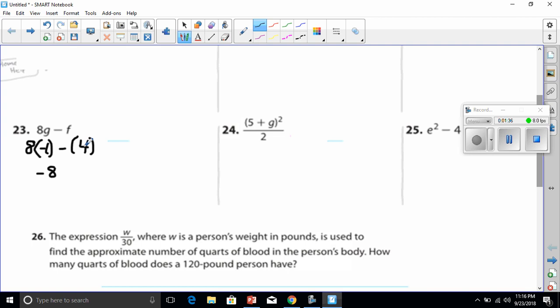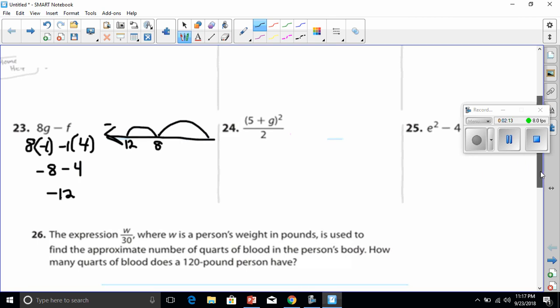And negative times positive, well, we know this is just like -1 times +4. That's going to give us a -4. And now we have -8 minus 4. Well, if we went on a number line, it'd be like going back 8. And if I subtract 4 more, I'm going to go back toward the negatives again, 4 more. And of course, I'll be at -12. So my answer is -12.